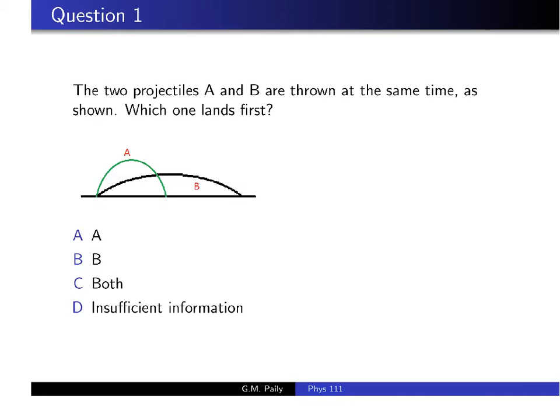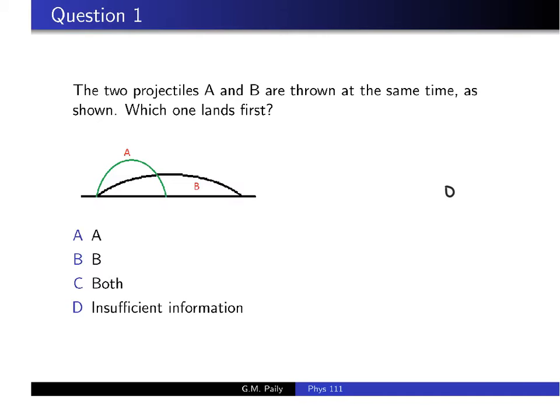We know that the time of flight is proportional to Vy naught. So, in other words, the one which lands first has a smaller time of flight, and so it must have a smaller Vy naught. But we also know that the maximum height reached by a projectile is proportional to Vy naught squared.